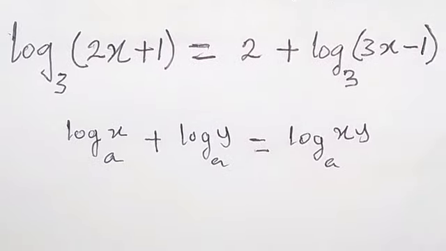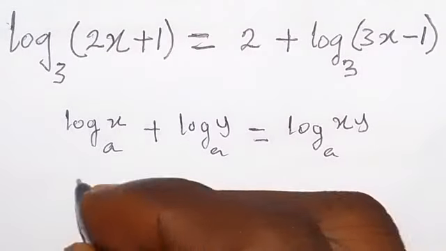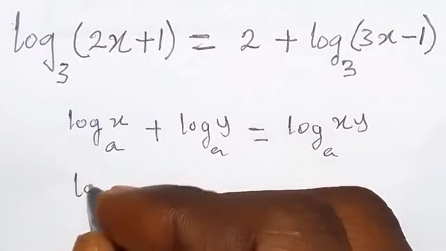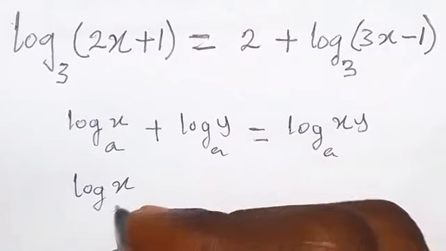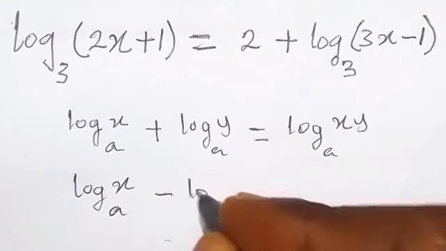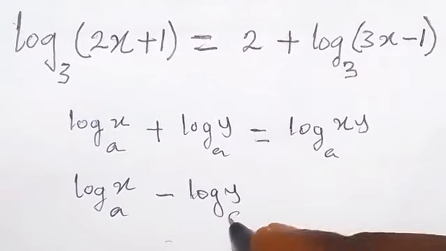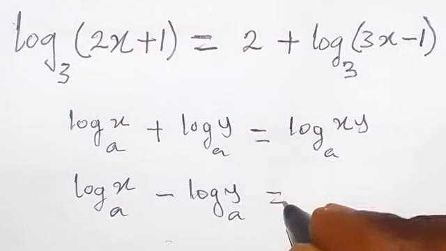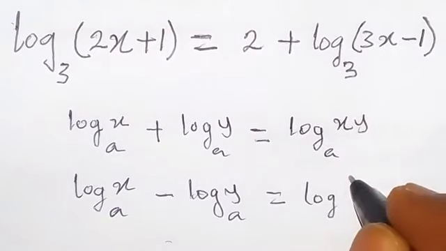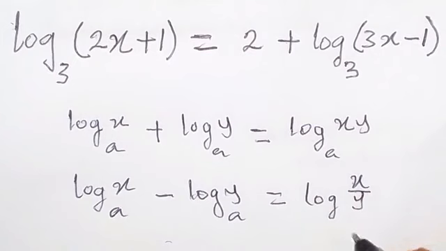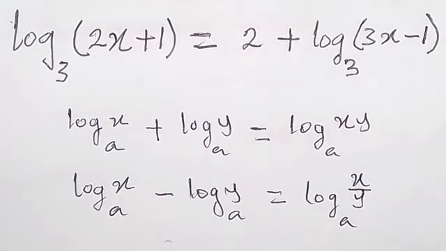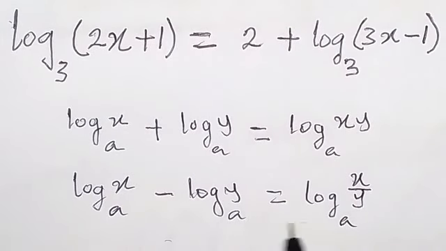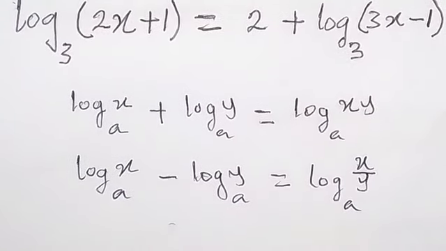Similarly, when we have log x to base a minus log y to base a, this will be given as log (x divided by y) base a. So for subtraction of two logs, we have just division.